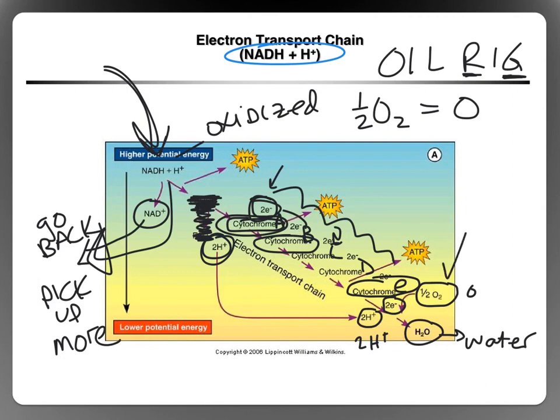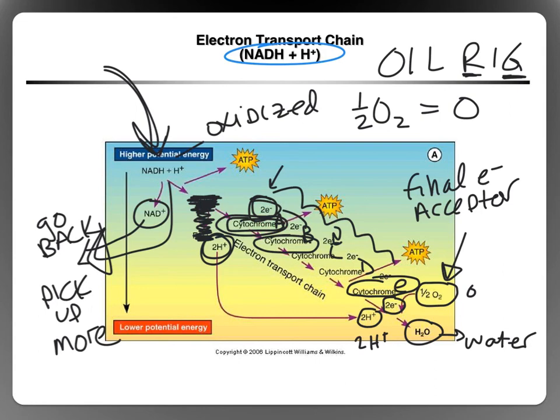So the role of oxygen here is that it was the final electron acceptor. These cytochromes accepted the electrons and passed them on and on, and at the very end of the line, the last thing to accept the electrons is oxygen, and that's where the electrons stay. So the half of the oxygen, the 2 electrons, the 2 hydrogens all come together, and we end up creating water. So we call oxygen the final electron acceptor.